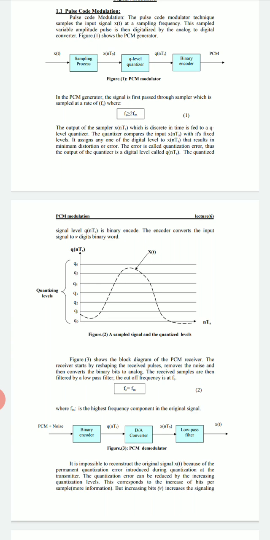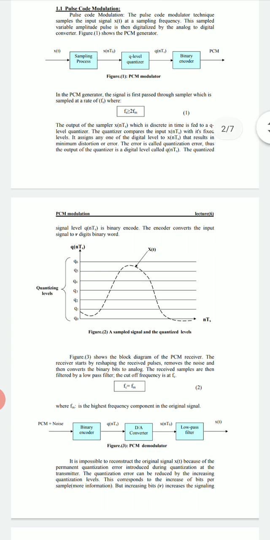With its fixed minimum levels, the quantizer assigns one of the digital levels to x(nTs). You can take any value, and that will result in a minimum error. The error we call the quantization error.